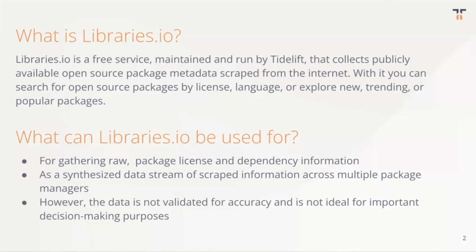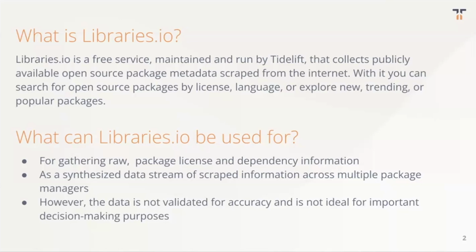Here is what we believe you should use the data that you get from libraries.io for: gathering raw package license and dependency information. And then you can also use libraries as a synthesized data stream for scraped information across multiple package managers. Libraries has metadata related to millions of packages across several different ecosystems, and you can use libraries as a data stream for raw scraped information.